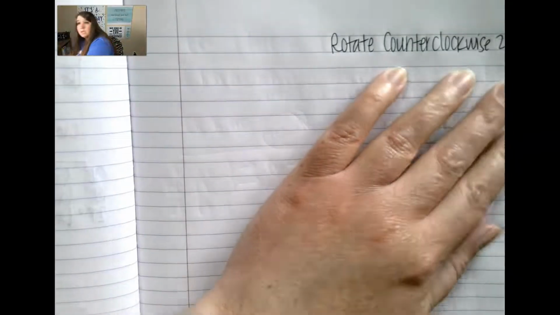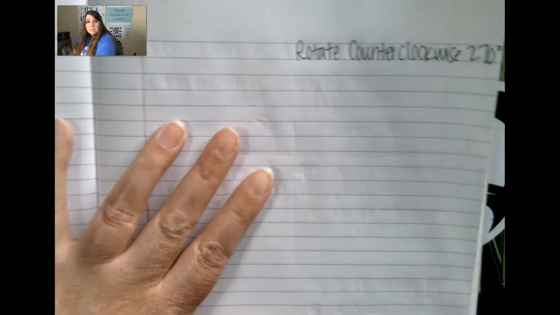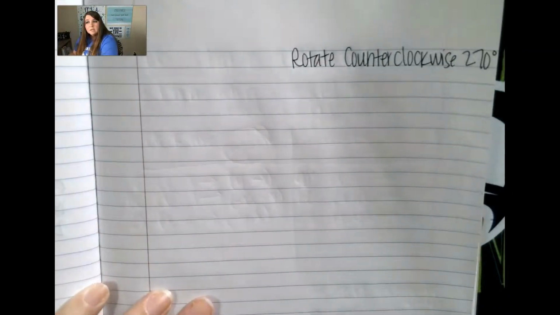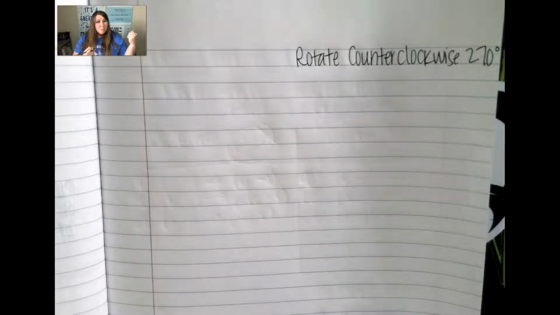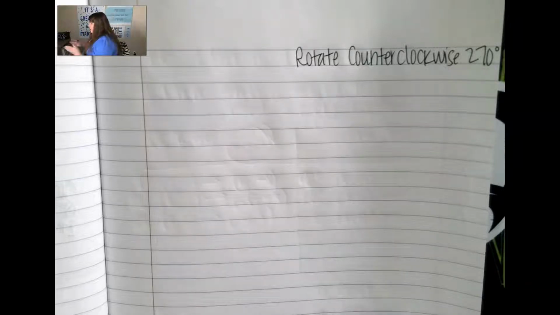We're going to rotate this 270 degrees counterclockwise. So I'm going to go counterclockwise, which is the opposite direction. I'm going to start at 12, go to 9 o'clock, 6 o'clock, and end at 3 o'clock counterclockwise.